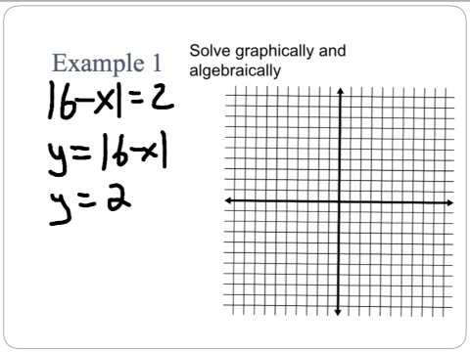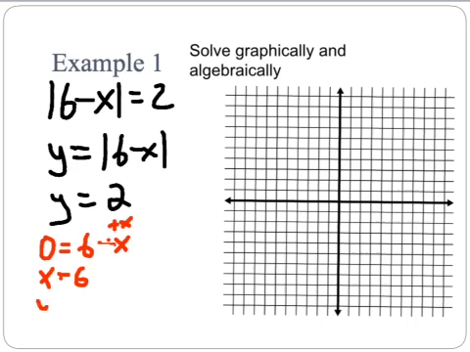Okay, so if I sub in a 0 for y, I then get 6 minus x. Then I can add an x to each side, and I end up with x equals 6.